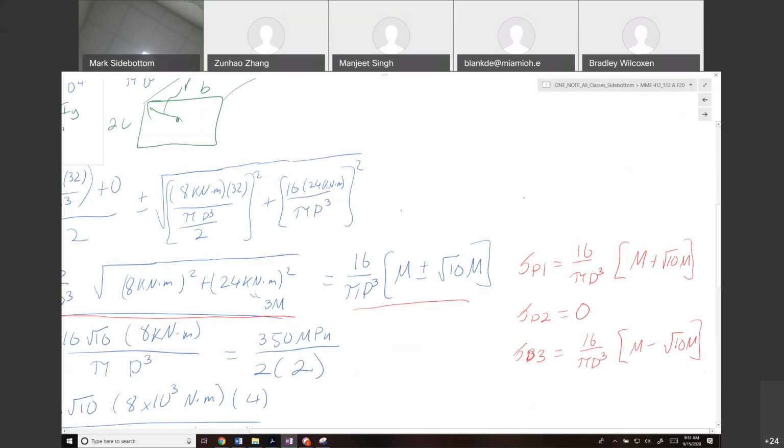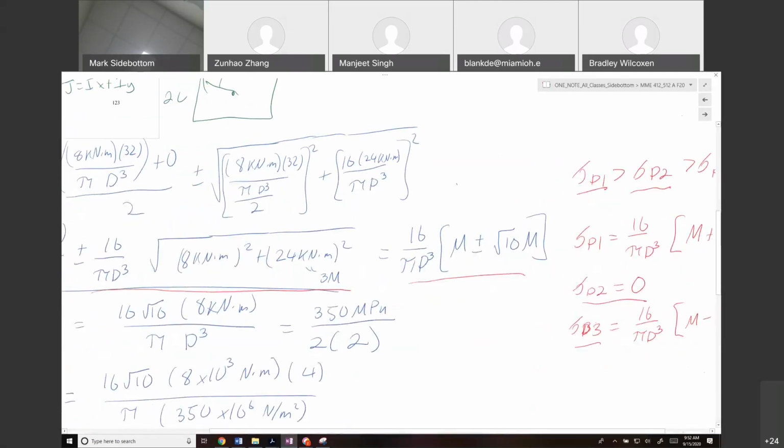Now, the reason we set sigma p2 to be 0 as opposed to sigma p3 is because we've been using the notation that our first principal stress is our greatest principal stress, our median principal stress is sigma p2, and then our minimum, or the most negative principal stress, is sigma p3. So that's why I set sigma p2 to be 0.